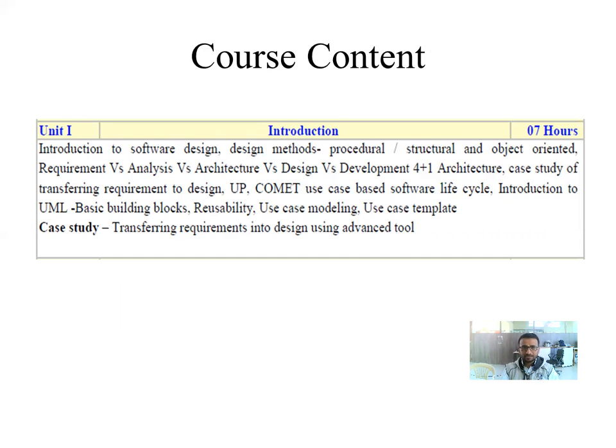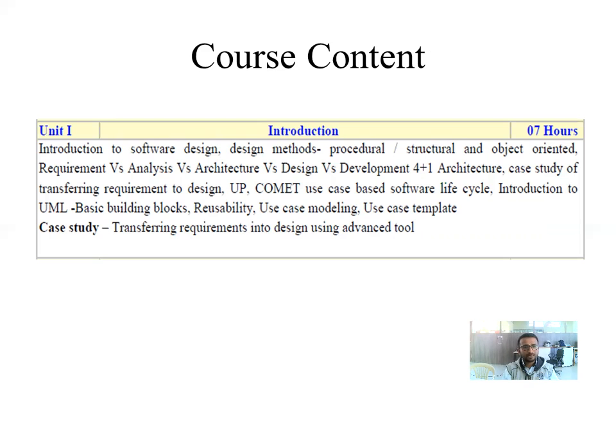Then we are going to have the design methods. There are different types of design methods or design paradigms, right? Procedural, structured, and object-oriented designs are there. So all the types of design methods we are going to learn with the help of this first unit. Then we are going to have the differentiation between requirement gathering and requirement analysis.